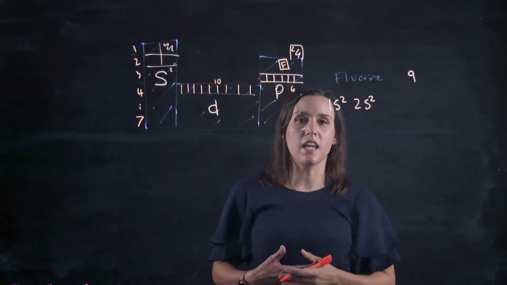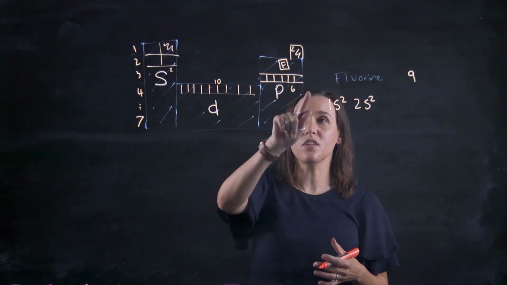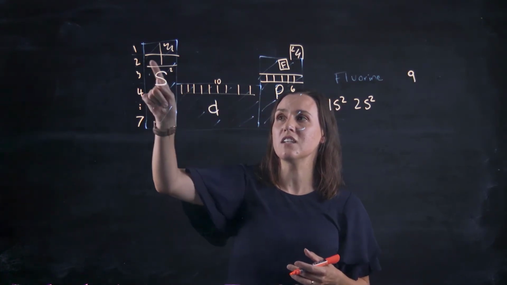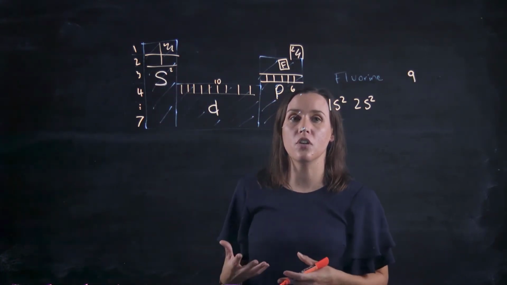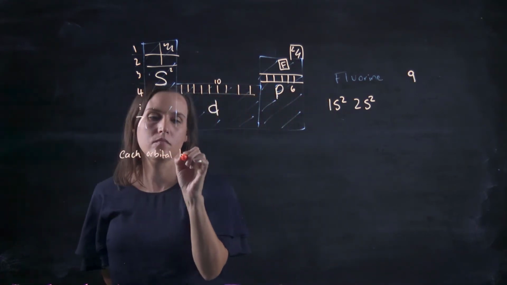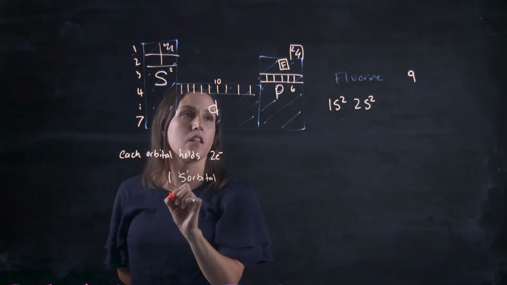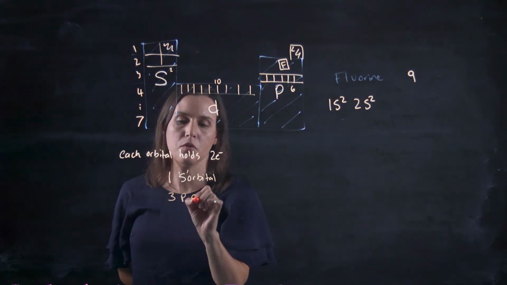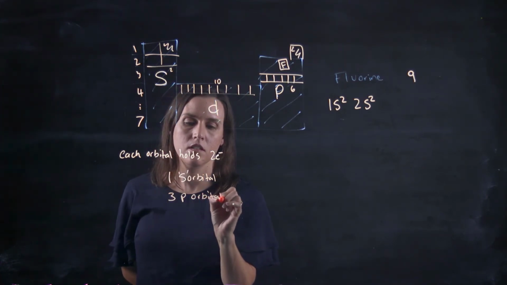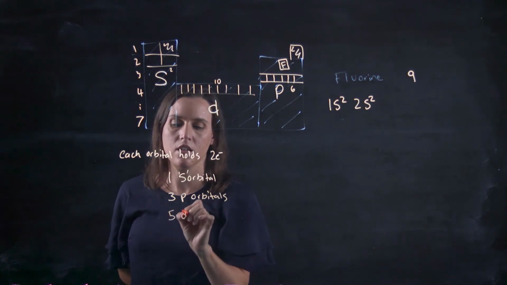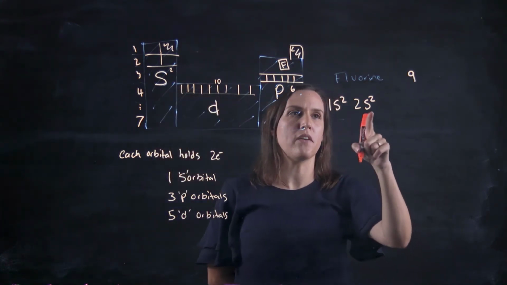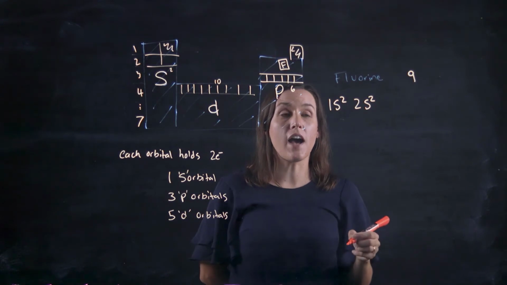Now each orbital can hold 2 electrons. So there's 1 S orbital, there's 3 P orbitals, and there's 5 D. So now I've got my first 4 electrons, I've got 5 more.